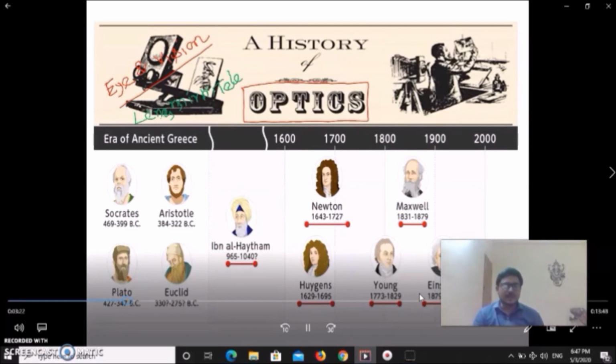There are a lot of scientists who contributed in this process of discovery. We can take a few well-known names related to the study of optics, like Socrates, Aristotle, Plato, Maxwell, Huygens, Young, Einstein.